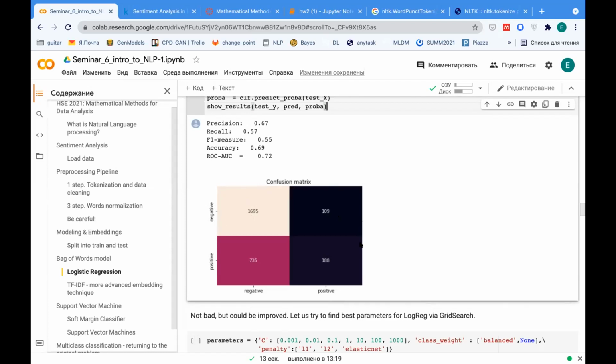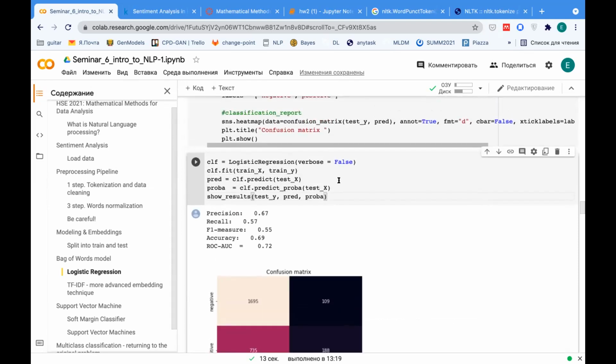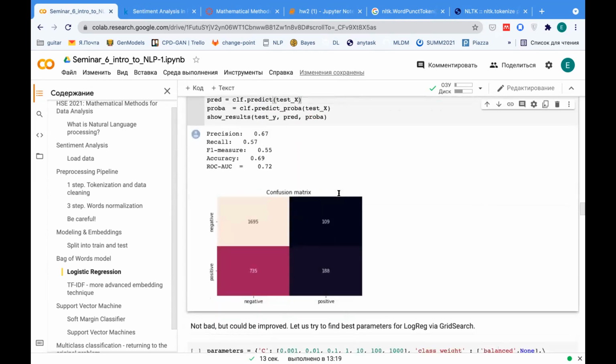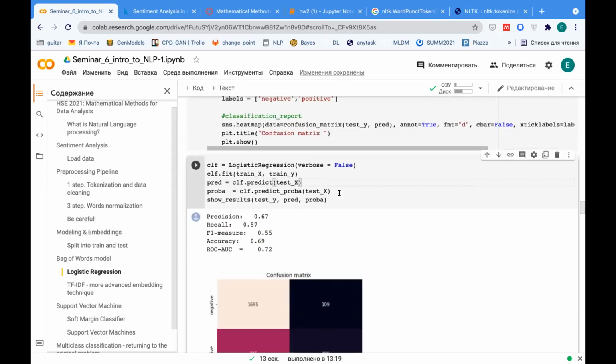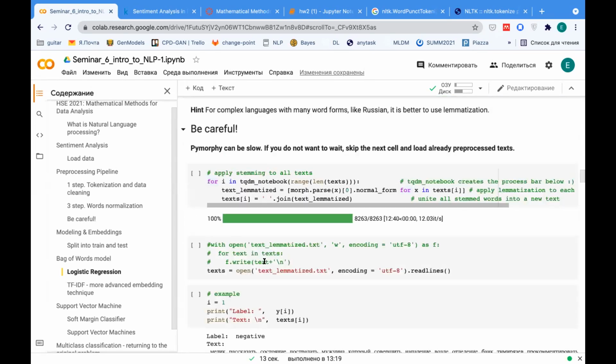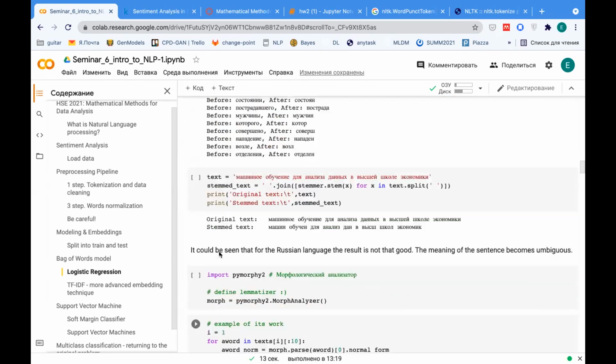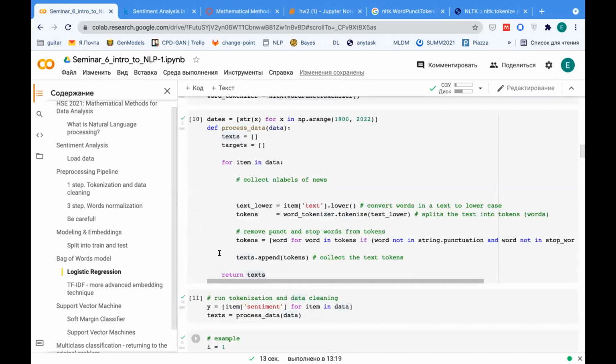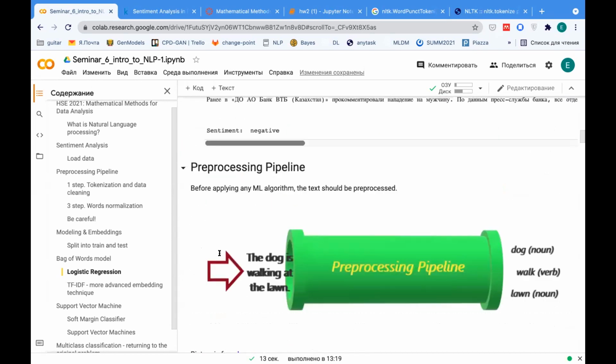So we can see that we predict the positive class poorly, and most of the examples we predict as the negative class. So probably we have an unbalanced problem. I guess we can look at the number of examples in both classes, but I don't remember where it was actually.